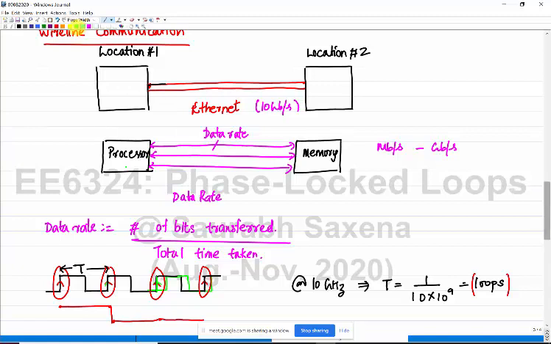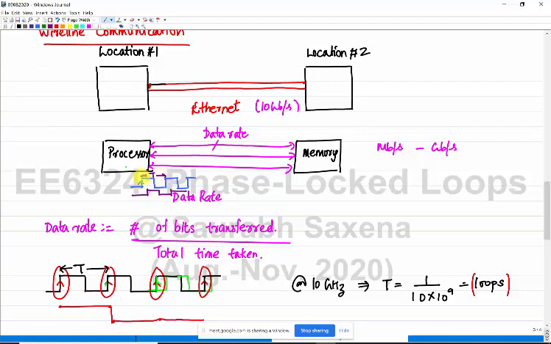Let us say you are transmitting from the processor to the memory at every rising edge. After you have done computation, you are sending data back to the memory. Now if I delay the clock, what it means is that I am changing the rising edge of the clock, but I am not changing the period.